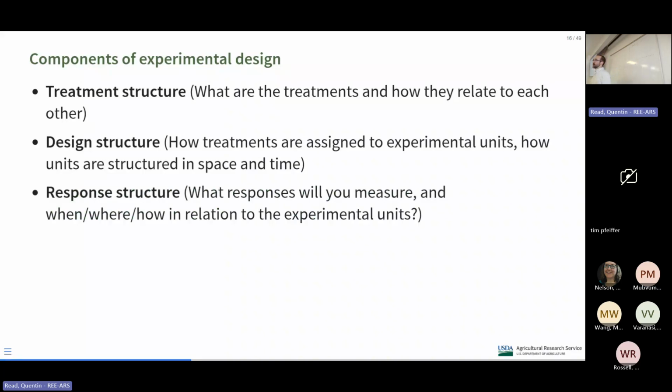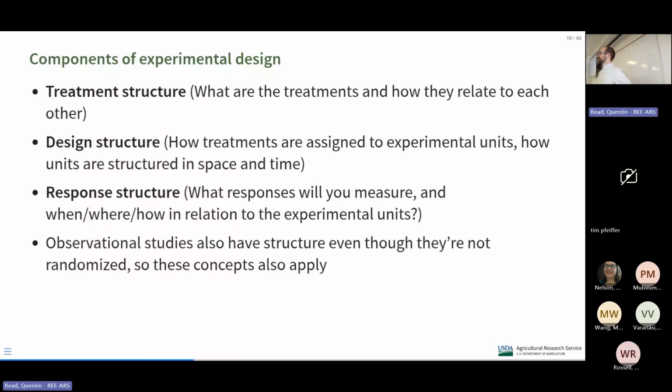And response structure, what responses are you going to measure and how in relation to the units. Like I said, if plot is your unit, you could measure something on multiple plants in the plot or multiple fish in the tank, repeated measures and that kind of thing.